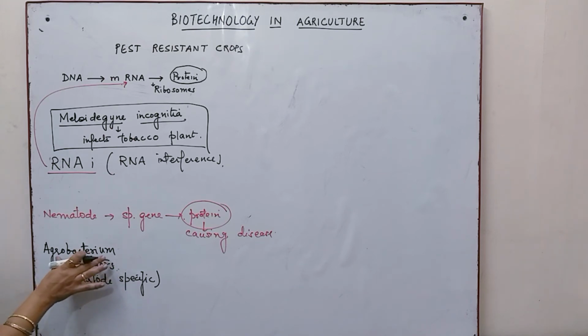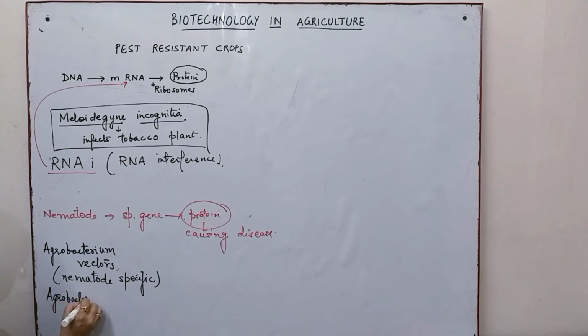And we are using these vectors because they are small size plasmids. One example is Agrobacterium tumefaciens. This has come as an effective one.